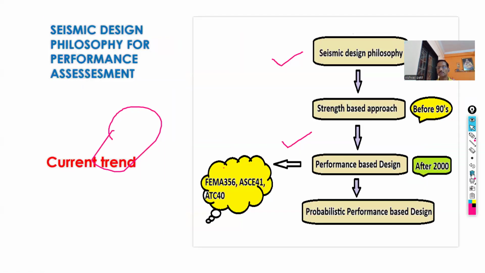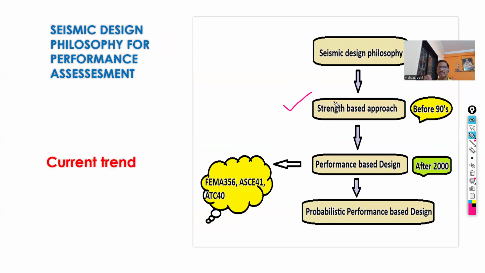Now, for this performance-based design, what is the current trend worldwide, that also we'll discuss. As I said, before the 90s, worldwide only one design philosophy was in practice, known as the strength-based approach.